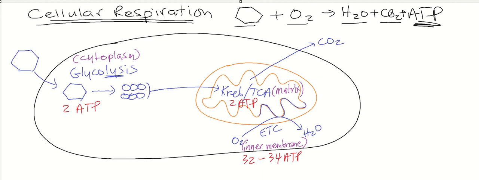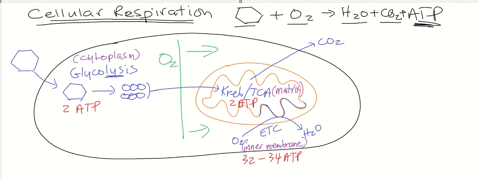So you definitely want to know what the three stages are called, where they occur, how many ATPs we get, and what goes in and what goes out with the reactants and products. So let's go over one last scenario. All of this here on the right side happens if oxygen is available.